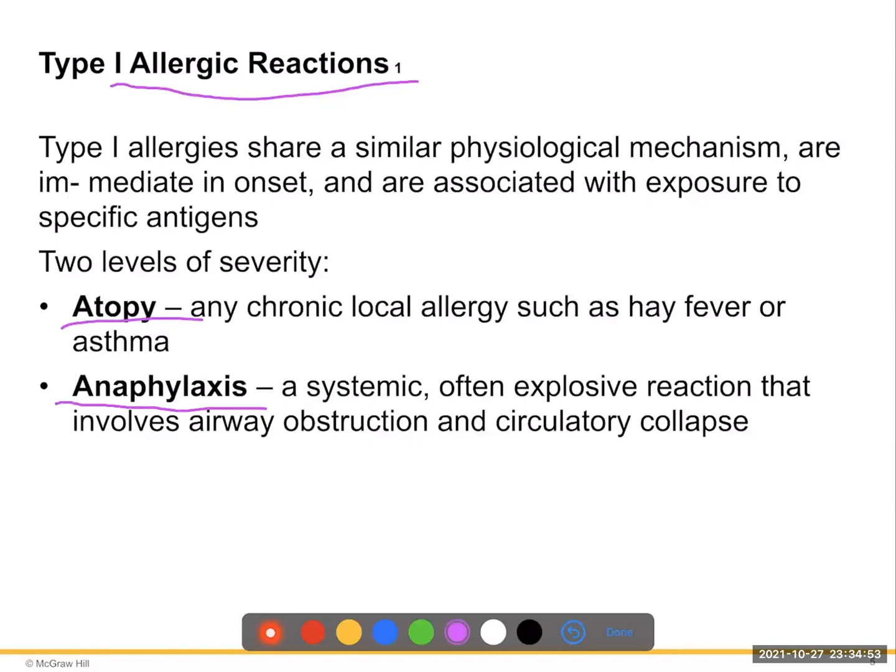Anaphylaxis is a systemic reaction, often involving airway obstruction and circulatory collapse. These can be life-threatening within minutes. A lot of people with severe reactions to bee stings, peanuts, or other commonly found things carry an epinephrine pen. Epinephrine counteracts or stops the reactions of anaphylaxis.